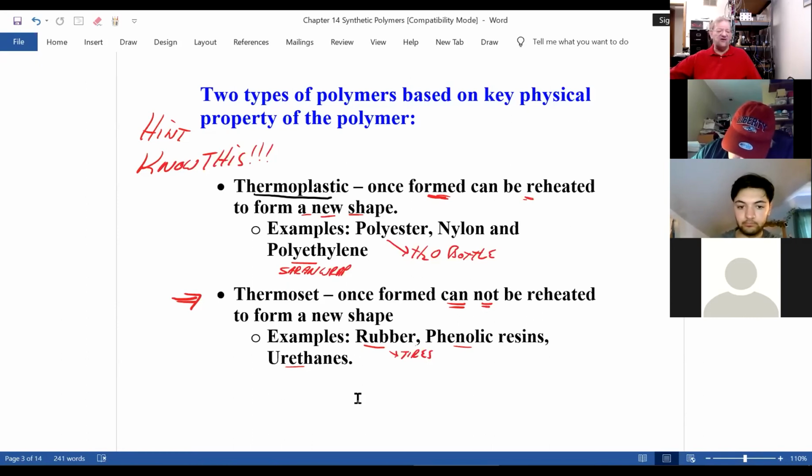If I ask on a test, what's a thermoset polymer? That's one that, once formed, cannot be reheated to form a new shape. What would be an example of a thermoset? Rubber tires.